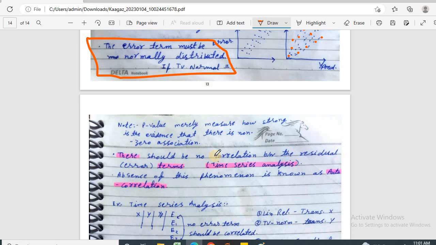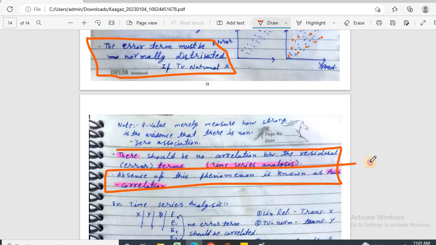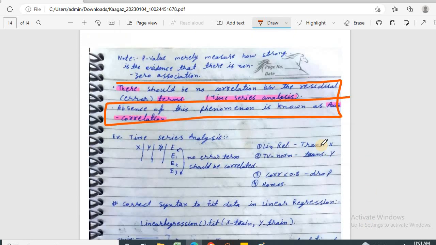There should be no correlation between residual terms. We will study this in detail in time series. Absence of this phenomenon is known as autocorrelation. So there should be no correlation between residual terms.